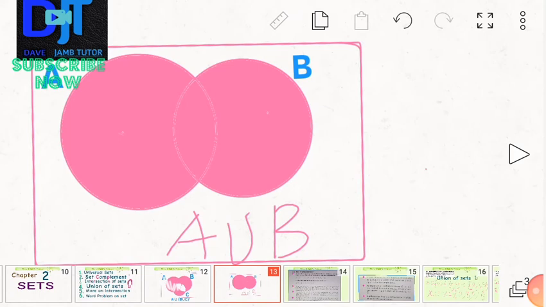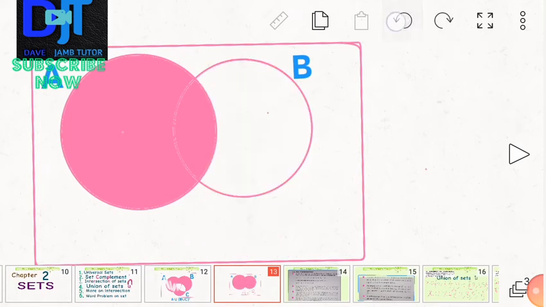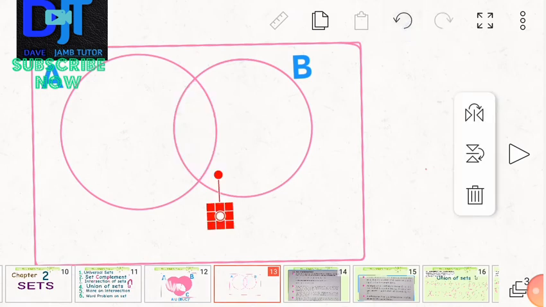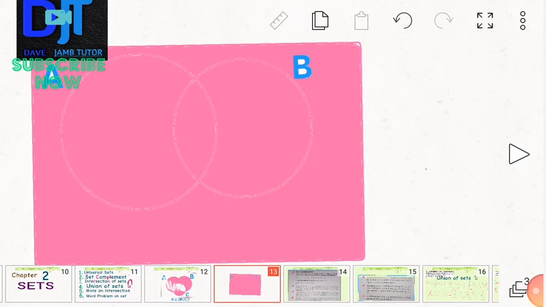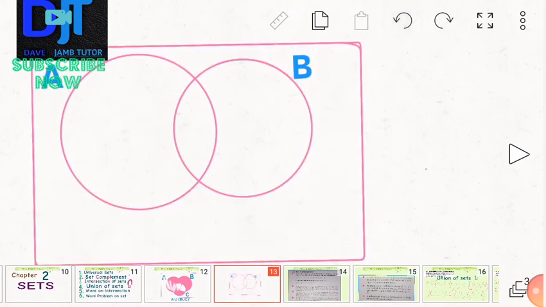Another thing I would like to explain is universal set. I had explained that earlier. Universal set is actually everything inside this box. Everything inside is the universal set. But whenever they speak of empty set, it is if there is nothing inside this box at all.